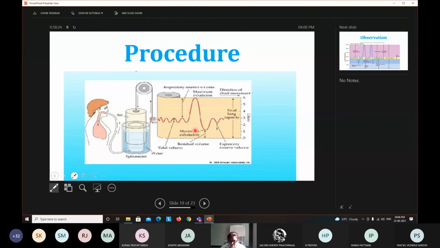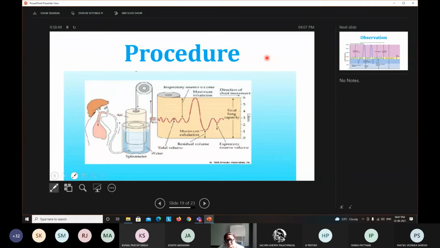So using this technique, we are going to measure static lung functions. There are two different types of lung function parameters, static and dynamic. Here in this experiment, we are mainly measuring the static lung functions. What is the difference between static and dynamic lung functions?